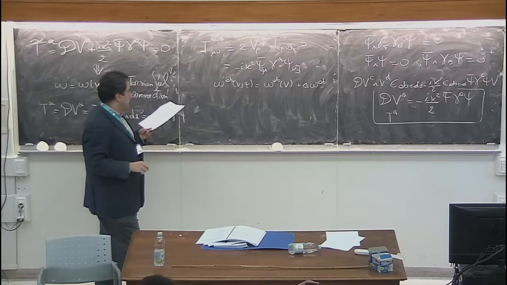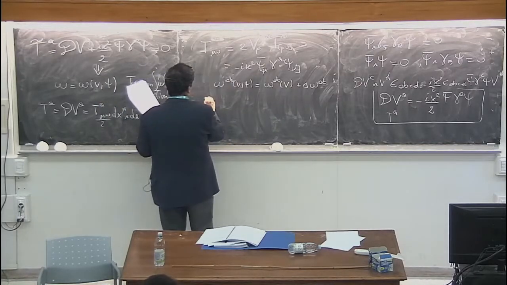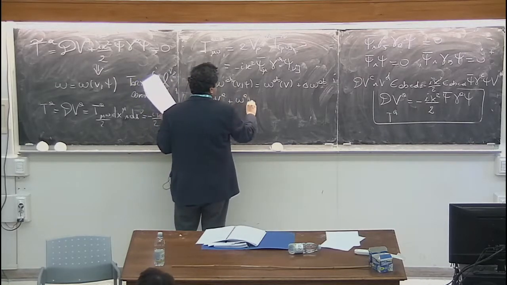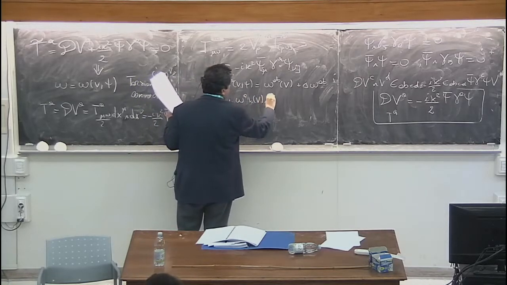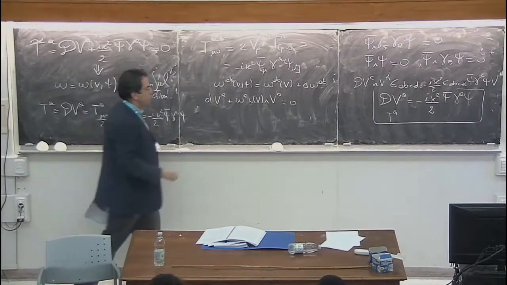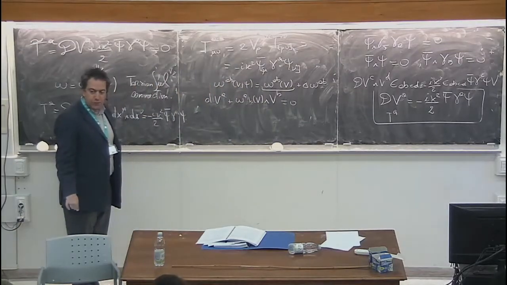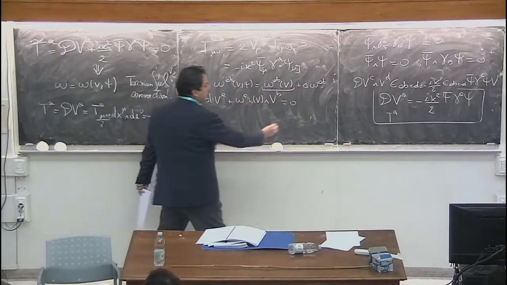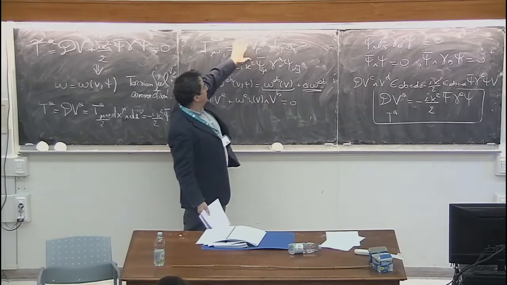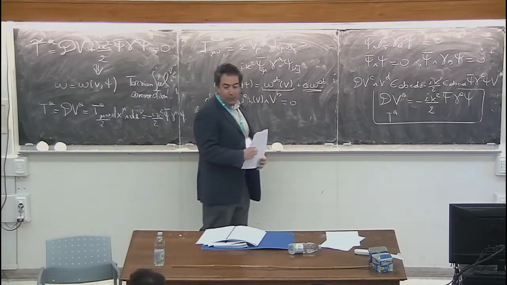Where this guy here is solution to dVA plus omega AB as a function of V, wedge VB equals 0. The torsionless quantity is a function of this equation, torsion equal to 0, and for this guy here, simply plug this inside this equation, which is an algebraic equation for omega, and I derive delta omega AB.